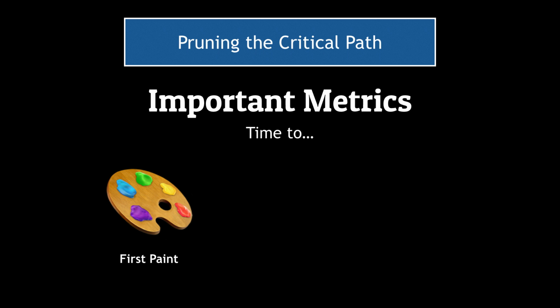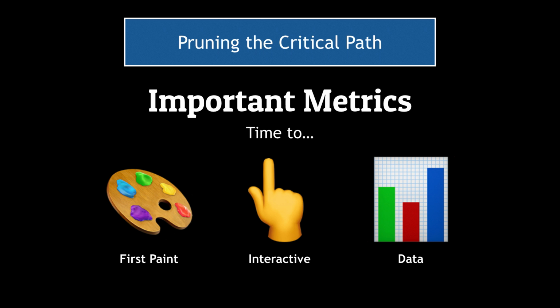And we call it a meaningful paint because doing tricks like adding a CSS background image before the majority of your code has even landed in the browser, that is not going to cut it. If a user doesn't feel like they've finished loading, that's not what we're talking about. We want them to feel like the waiting is done, and then the next milestone is that they can interact with something. Finally, a third milestone is when we've fetched some dynamic data and we're able to render that in some fashion on the screen.